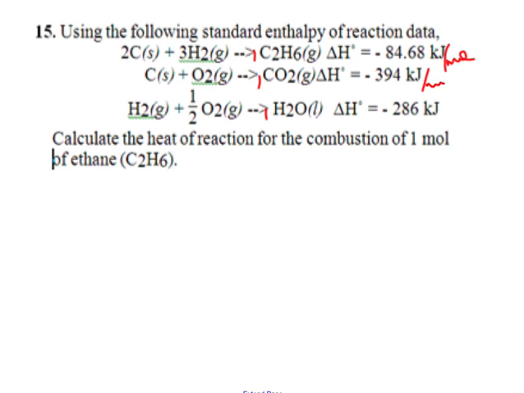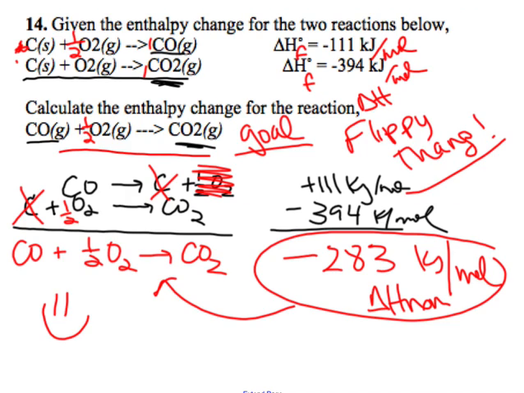Change these all to per mole for consistency. And these are all heats of formation. We don't have to do the F's. I just want you to start recognizing when something is a heat of formation. Okay? All right, we're going to have to manipulate those. And then it says calculate the heat of the reaction for the combustion of 1 mole of ethane. What's the main difference between this problem and that problem?